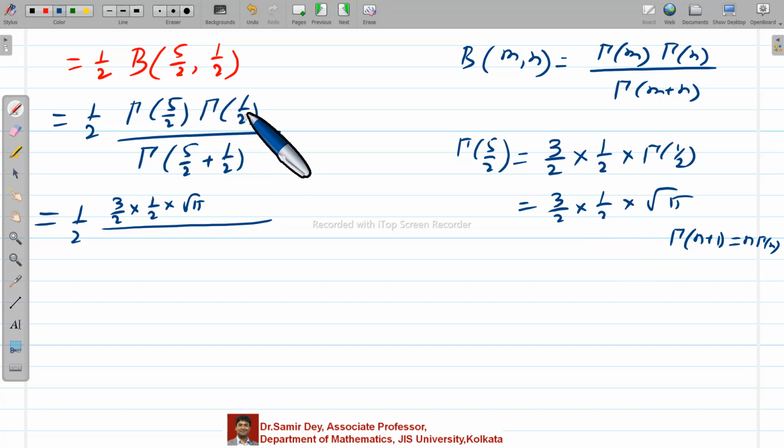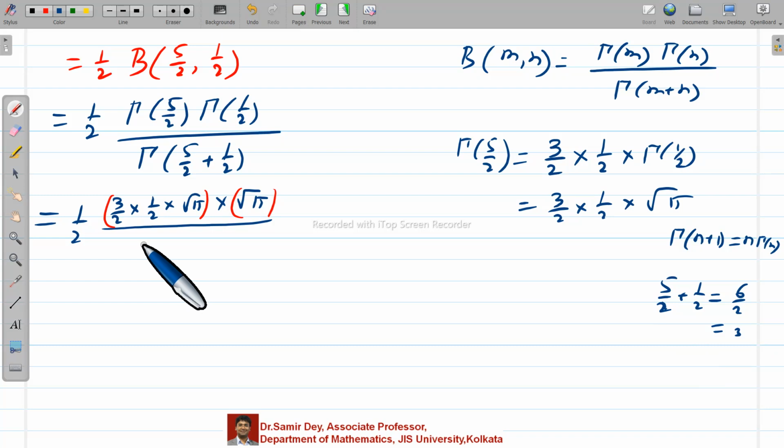Okay, now gamma half is equals to root pi. So basically this one is coming from here and this one is coming from here. Next, gamma 5 by 2 plus 1 by 2, that is 6 by 2, ultimately 3. So here you may write gamma 3. What is your gamma 3?